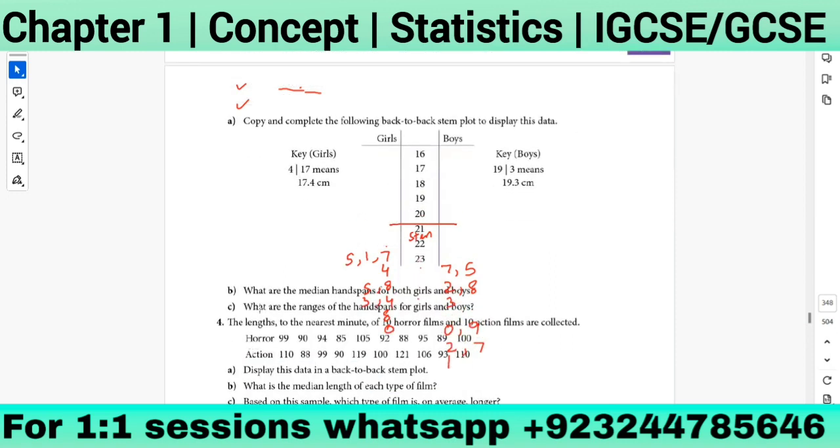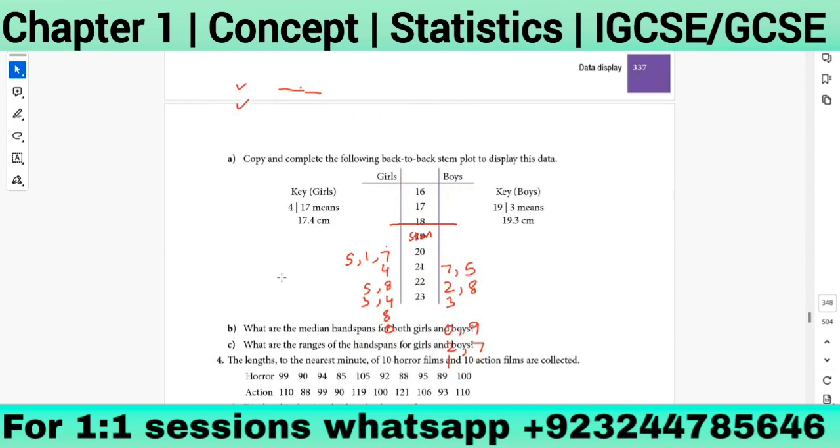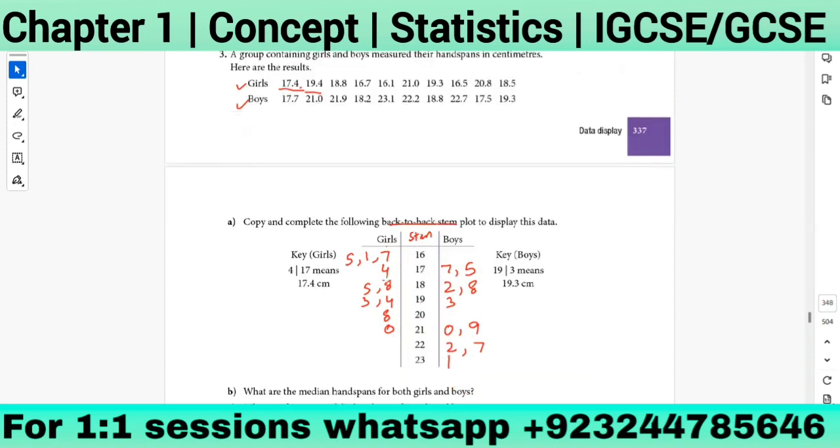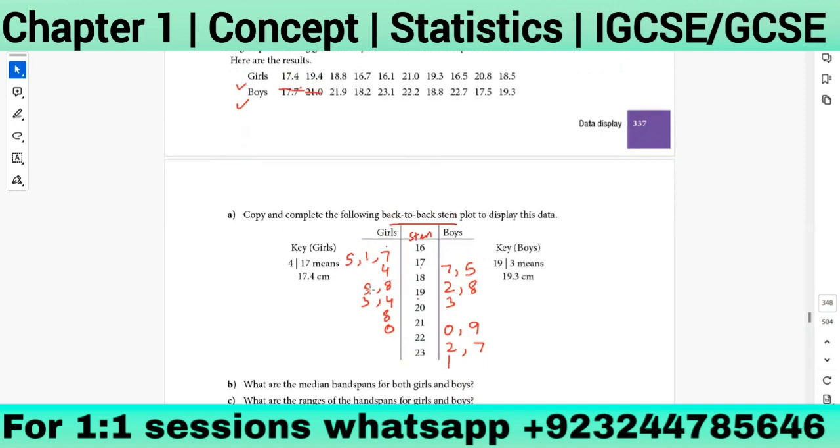Okay. What are the median handspans for both girls and boys? First of all tell me for girls. What is the median for boys, you have to tell separately, and for girls separately. You can see the data and tell me the median for girls and boys.